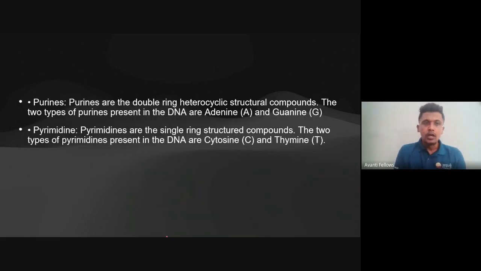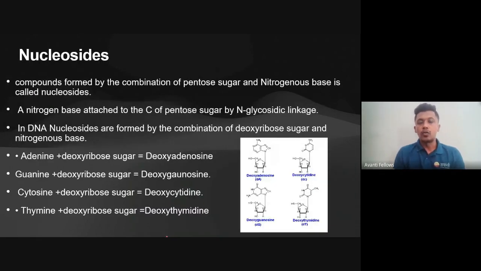So when we talked about nucleosides, we talked about the sugar carbon atoms that are involved in the formation of a nucleoside. Can anybody tell me which carbon atom does a nitrogenous base attach to in our deoxyribose sugar? Should I repeat the question? Yes, carbon atom 1. Perfect.